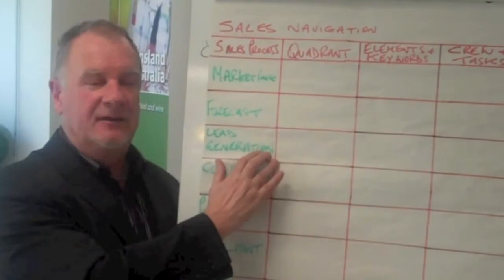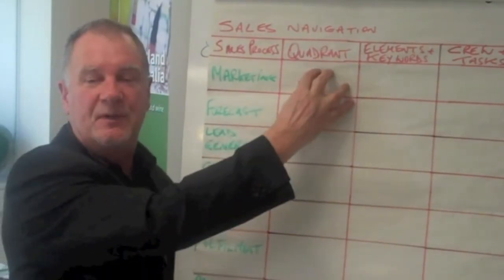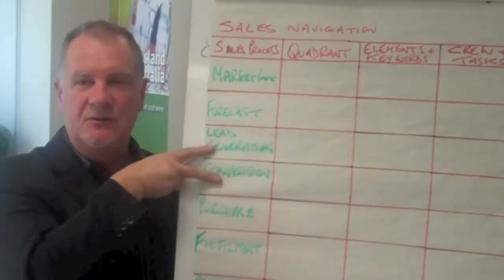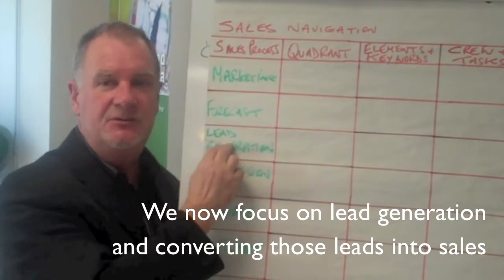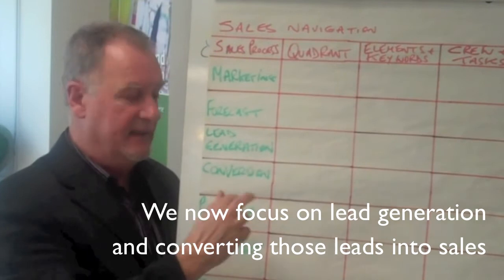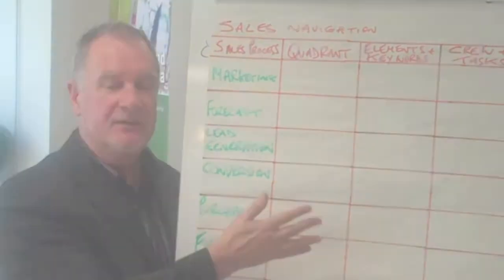So after we've got our forecast of what business we're likely to do from a marketing campaign, what we need to do, and these two are closely related, is to generate leads, positive interest from those prospects, and then how do we convert that positive interest into sales?